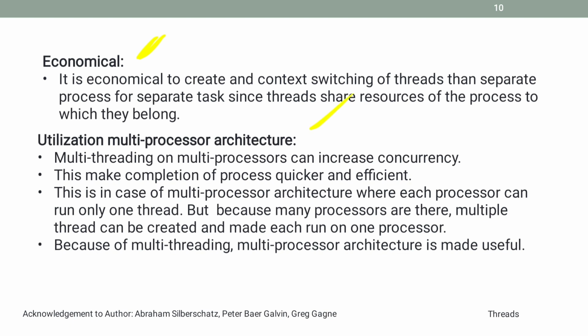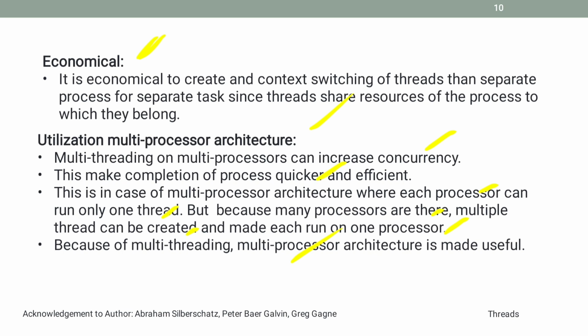Then multi-threading on a multiprocessor can increase concurrency. This makes completion of a process quicker and more efficient. This is in the case of multiprocessor architecture where each processor can run only one thread. But because many processors are there, multiple threads can be created and each made to run on one processor. Because of multi-threading, multiprocessor architecture is made useful.